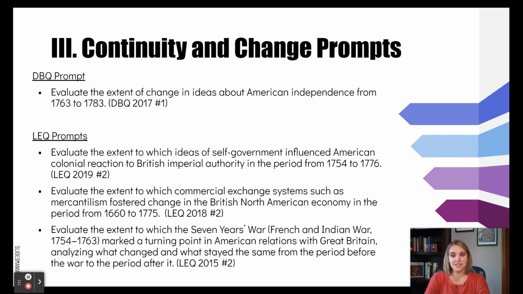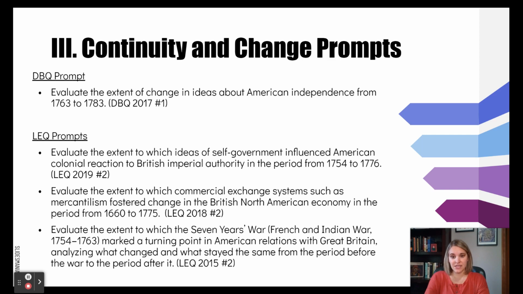So the DBQ in 2017 was to evaluate the extent of change in ideas about American independence from 1763 to 1783. So how much did ideas of American independence stay the same, and how much did they change? As far as LEQ, continuity and change over time tends to be one of the skills that they test on more frequently.